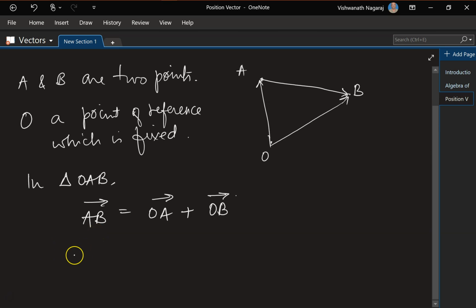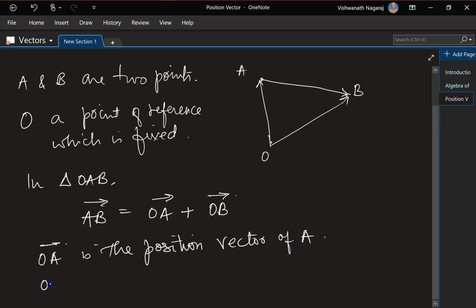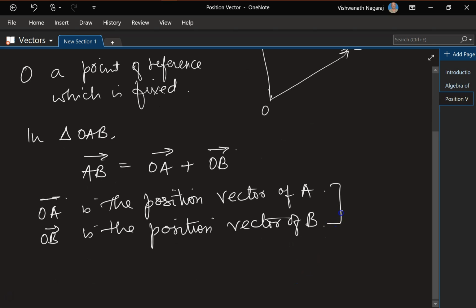Whereas because we have a fixed point of reference, we can say OA is the position vector of A and OB is the position vector of B, both with respect to O.